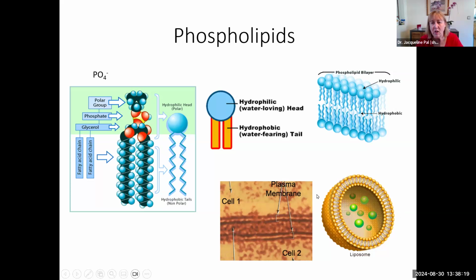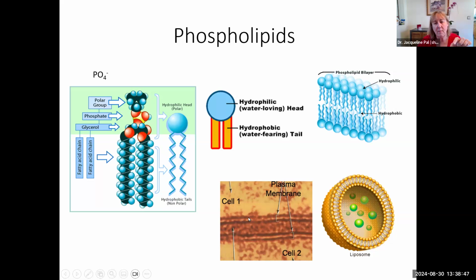They would form like a little circle. You could have a watery environment on the inside next to the hydrophilic heads, and a watery environment on the outside next to the hydrophilic heads. In the middle, where you had the hydrophobic tails, would be a non-watery environment. If we looked at it through a scanning electron microscope, between two cells is exactly what it would look like.